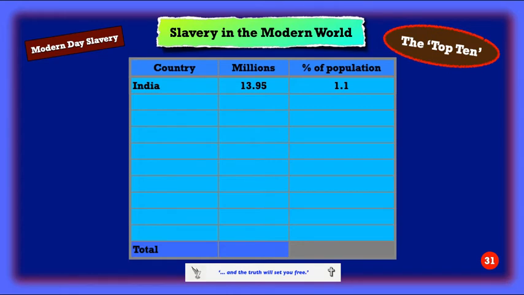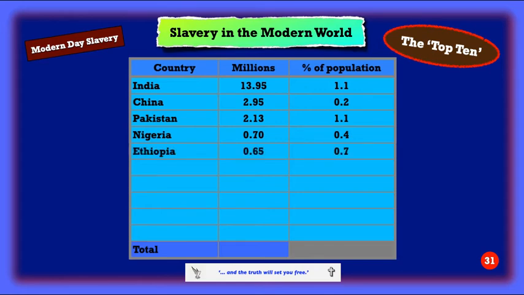It's probably an underestimate. Not a good picture. This is an awful lot of people being exploited by others.